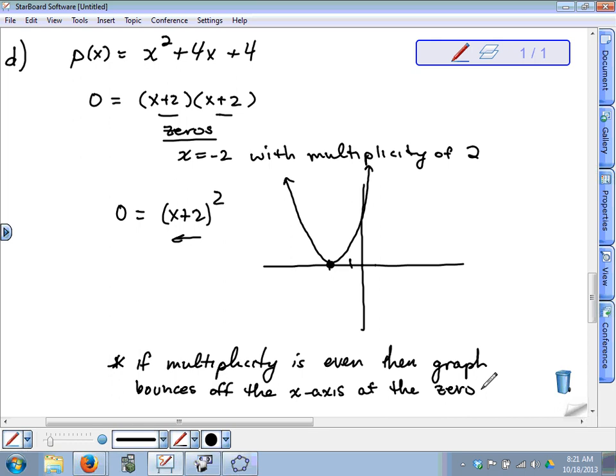So if the multiplicity is even, it bounces off the x-axis. Why is that? If you take any number and raise it to an even exponent, it's going to remain positive. So it has to be above the y-axis.